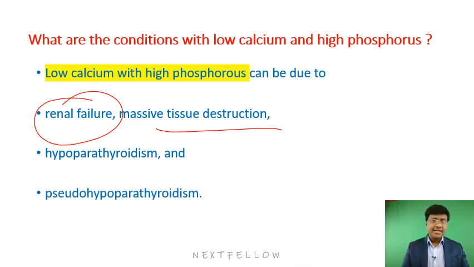Okay. And lastly, in pseudo-hypoparathyroidism, you will have low calcium and high phosphorus. In pseudo-hypoparathyroidism, parathormone is present in adequate quantities, but the receptors for parathormone are resistant. So please remember, you have low calcium and high phosphorus in all these scenarios.